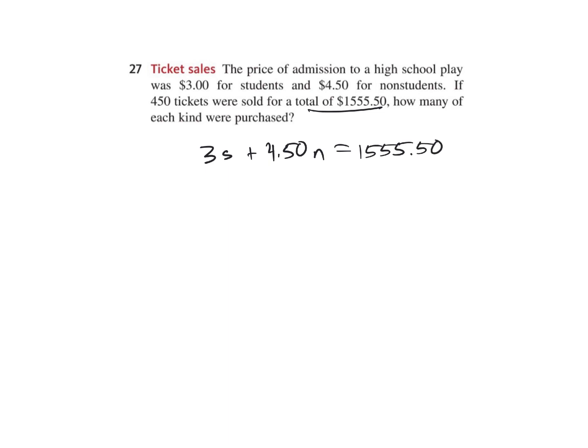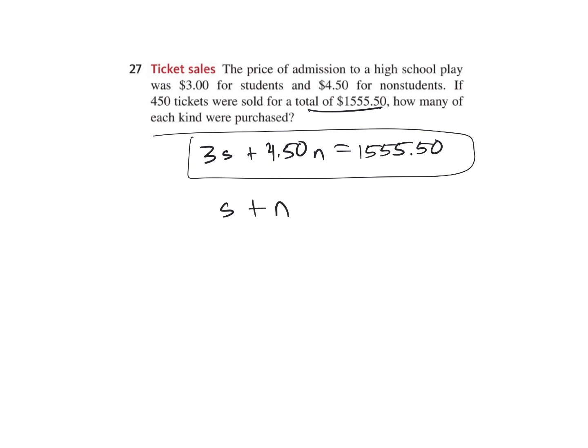If 450 tickets were sold, how many of each kind were purchased? Okay, so in the story problem, this is the only equation they gave you. It's understood that you have student tickets and non-student tickets, and that there are 450 tickets total.